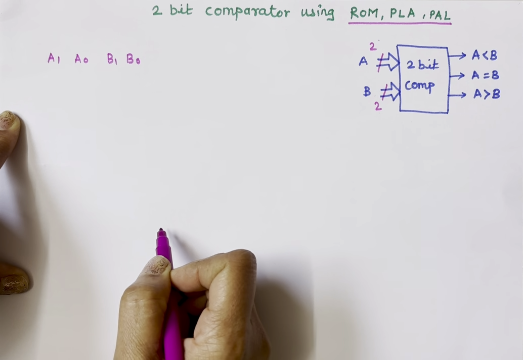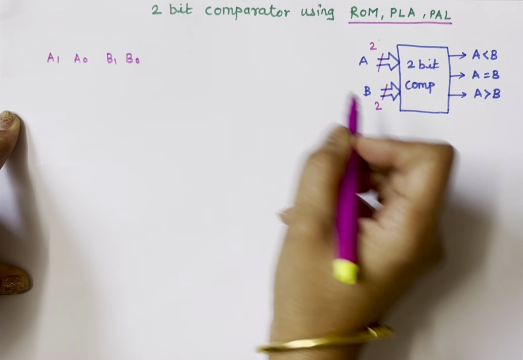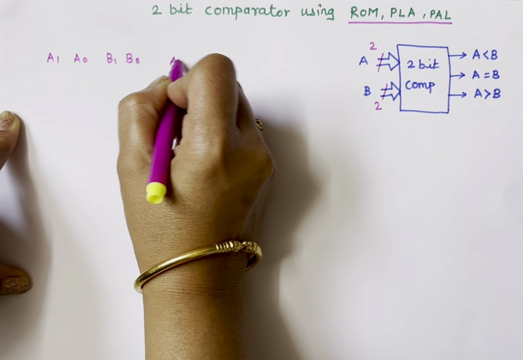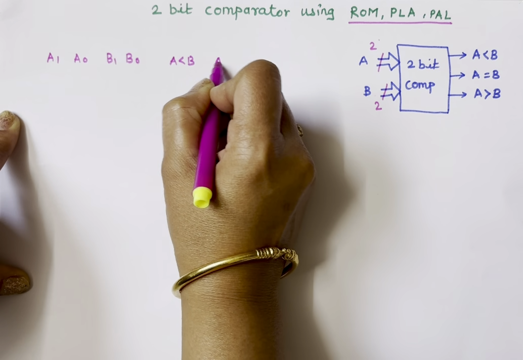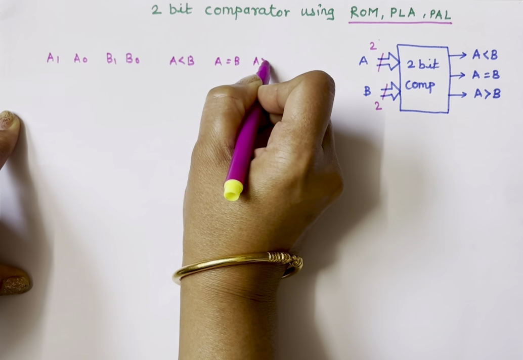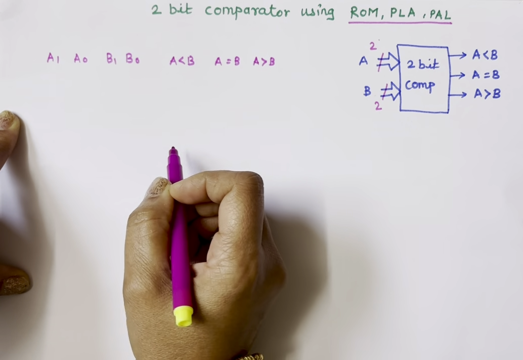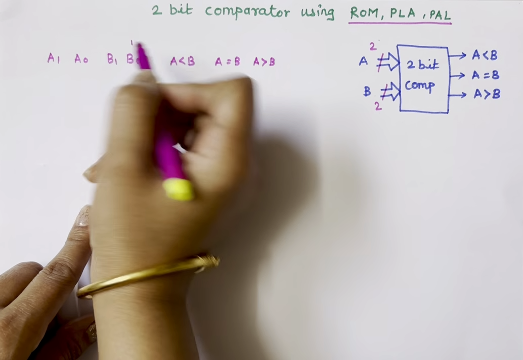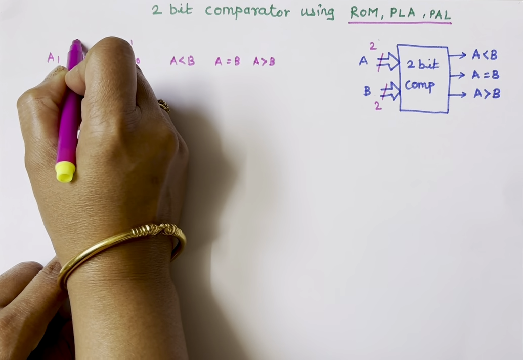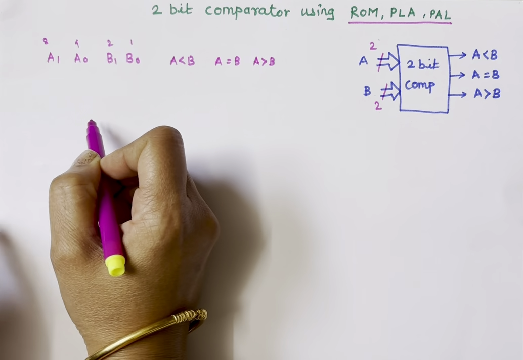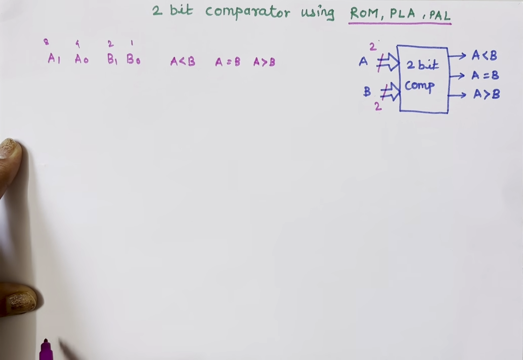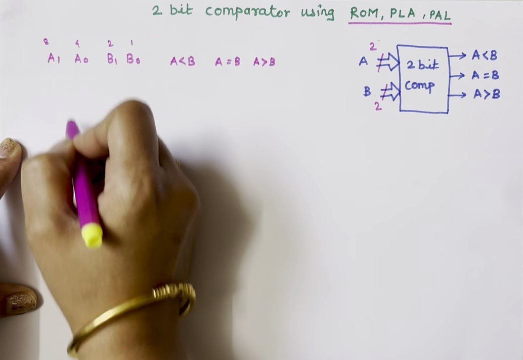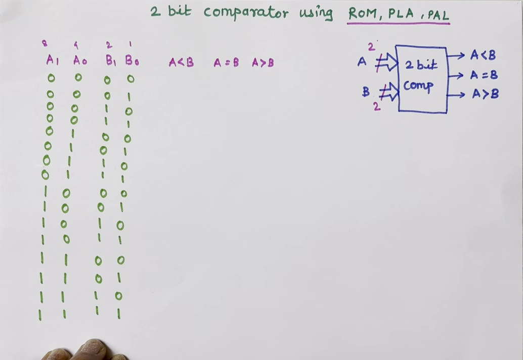So in total we have 4 input bits, and the outputs are A less than B, A equals B, and A greater than B. When we write the truth table in the binary number system, for 4 variables, I'll write 8 zeros and then 8 ones, then 4 zeros, 4 ones, and so on.